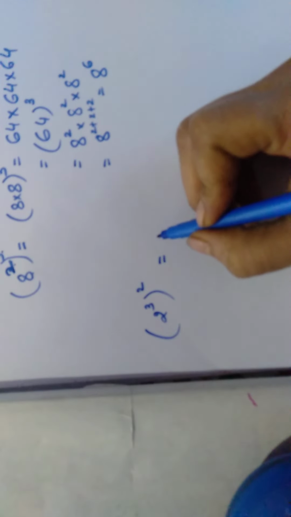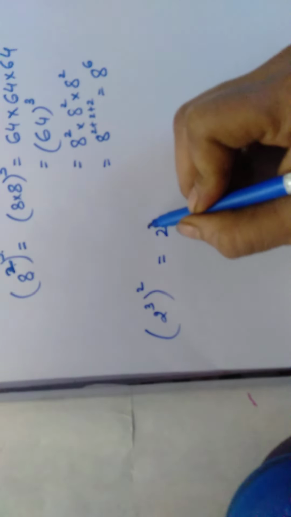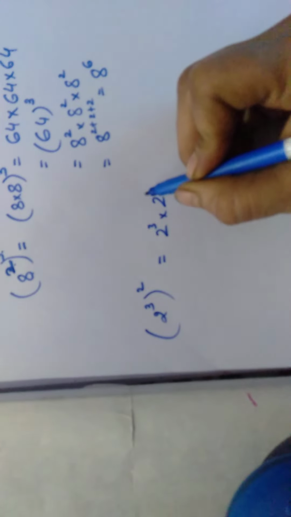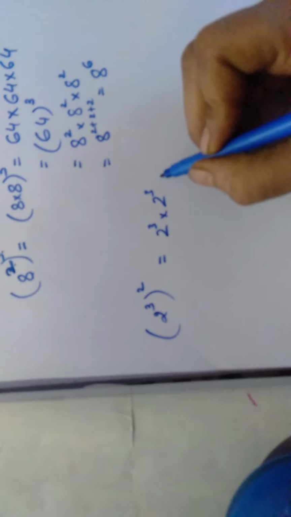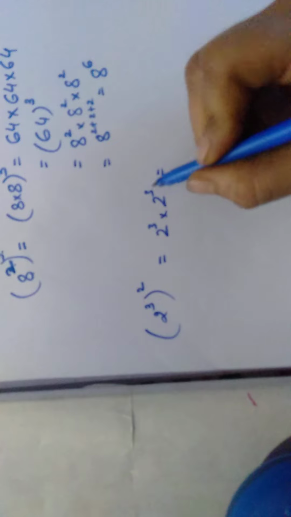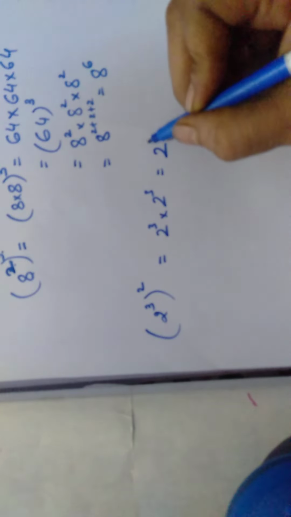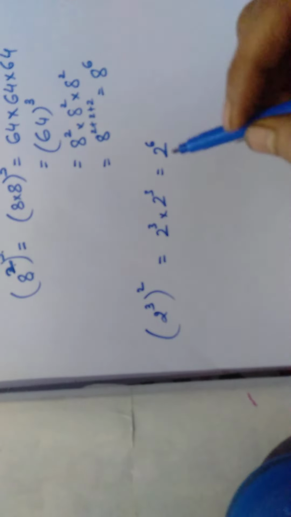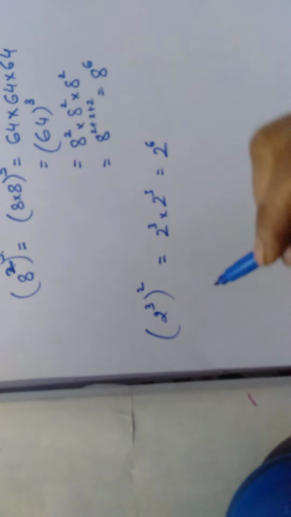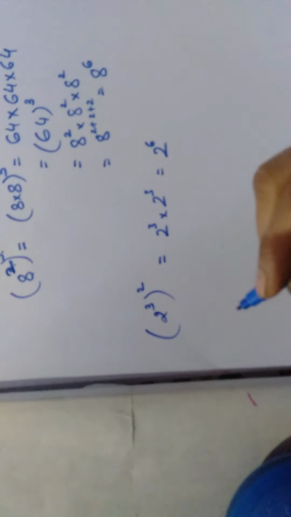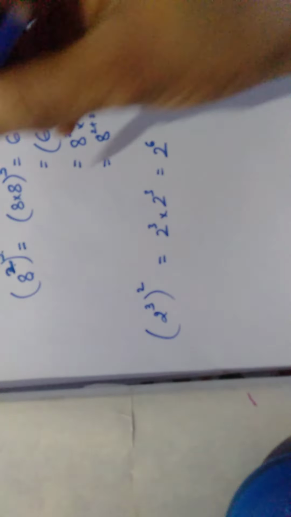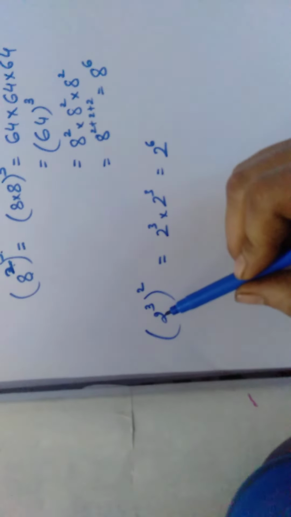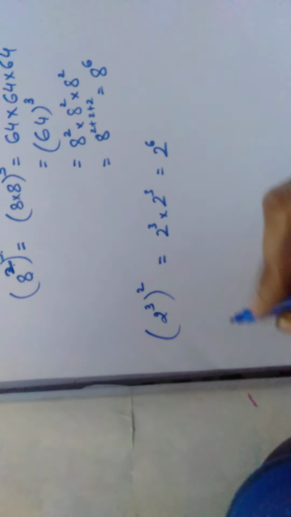Then 2 cube means 2 cube into 2 cube, and 2 cube into 2 cube is what? The power gets added. 3 plus 3 is 6. 3 into 2 is also 6. So this is 2 to the power 6. So these are the examples of this law, that the power is multiplied when the base is the same.